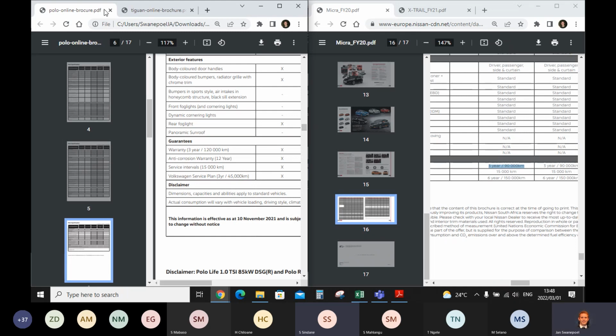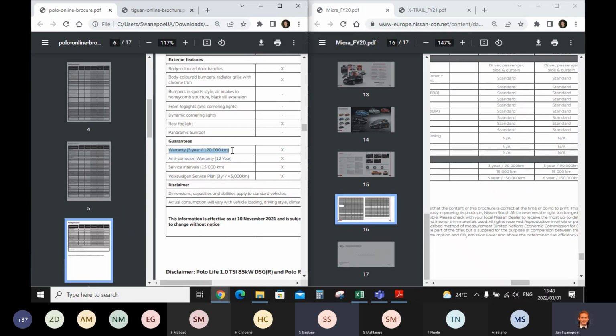And you can see at this one manufacturer the difference between the Tiguan and the Polo as well. The Tiguan's got a 90,000 kilometer 5-year service plan, where the Polo only has a 3-year 45,000 kilometer service plan. And with the Micra, it's a longer service plan. And then again, the warranty, here you can see the difference as well.